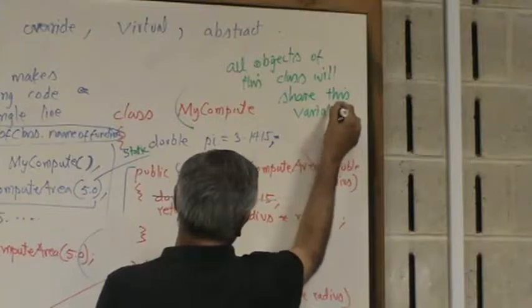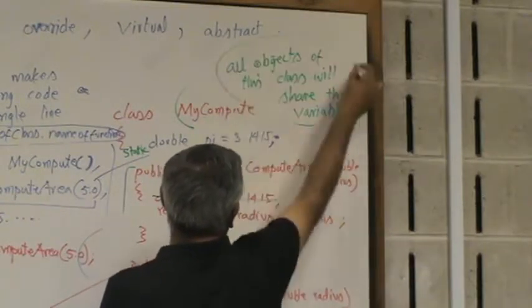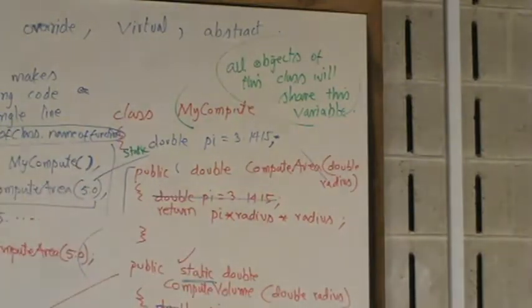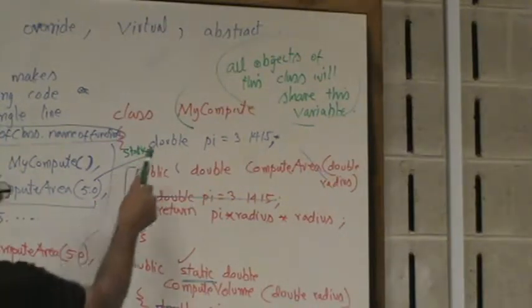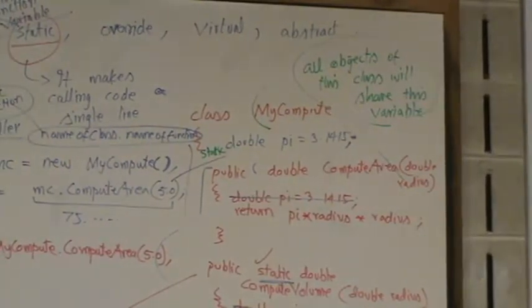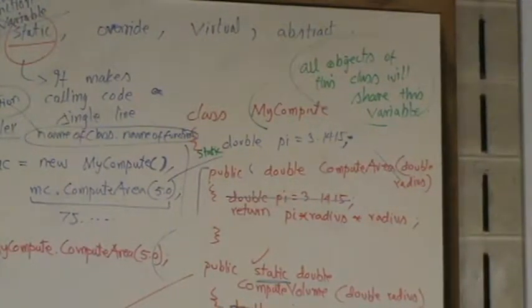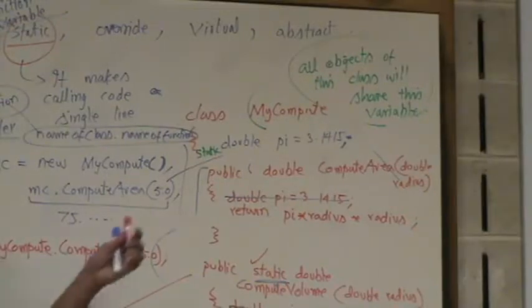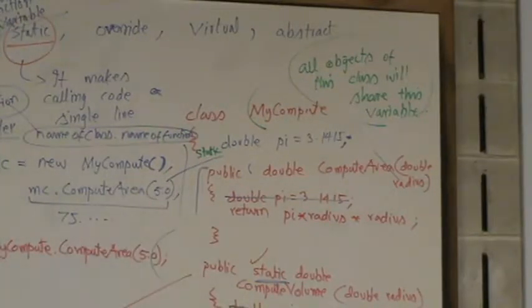Meaning there will be a single memory for this particular variable, no matter how many objects of MyCompute you create. So if you have 5 objects of it, all 5 of them will be pointing to the same memory for this variable pi because it's marked static. Okay?